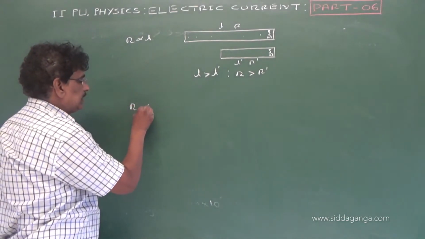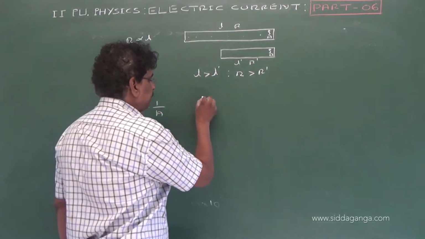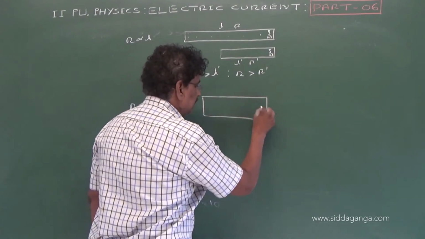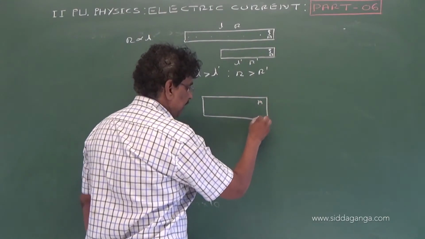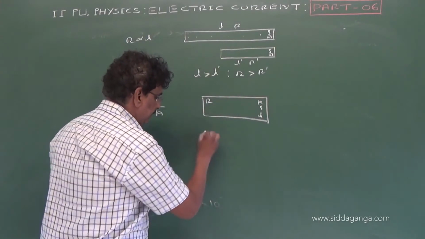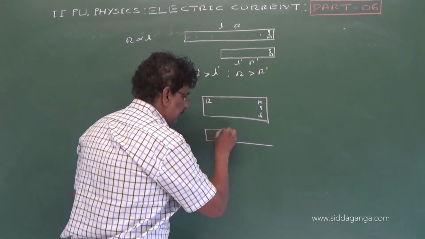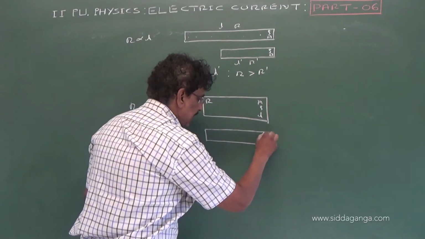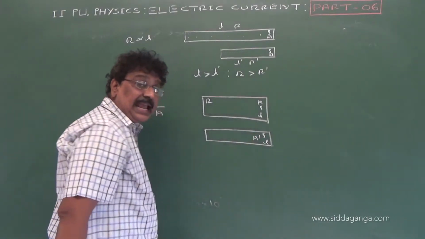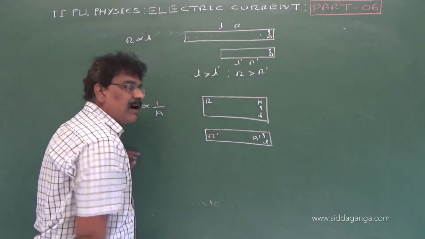Now, resistance is inversely proportional to area of cross section. We will take this one with area A, length L, resistivity rho, and R is the resistance. We will take another one with the same rho, same length, but A dash, a smaller area of cross section. It will be R dash.